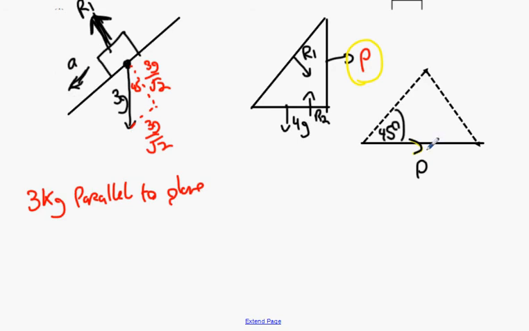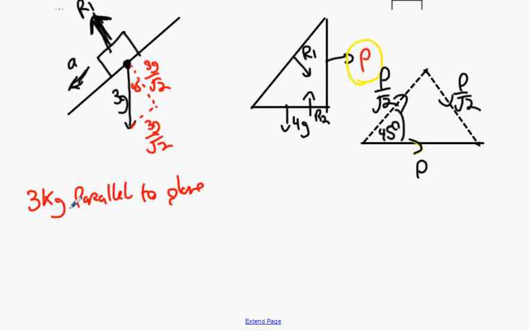Now, what you're going to get here is P cos 45, P sin 45, which in turn is P over root 2 and P over root 2. Okay, please remember direction, that's going up and that's going diagonally down onto the wedge, okay?